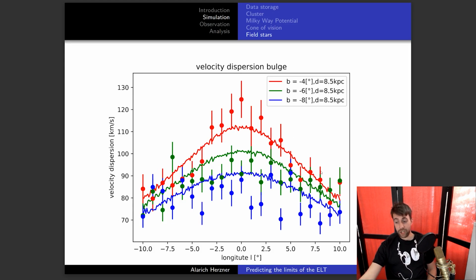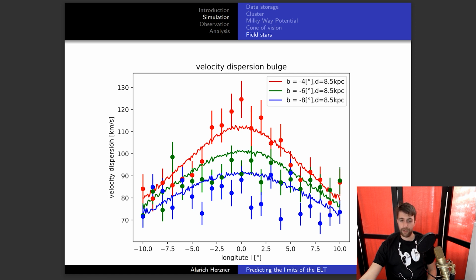When initializing the velocities of the field stars, we have to use a lot of approximations. So here what I did is I compared data resulting from my simulations with observed data. Those points with those lines, this is observed data, and those squiggly lines going through here, this is from my simulation. So I would say works quite well, right?